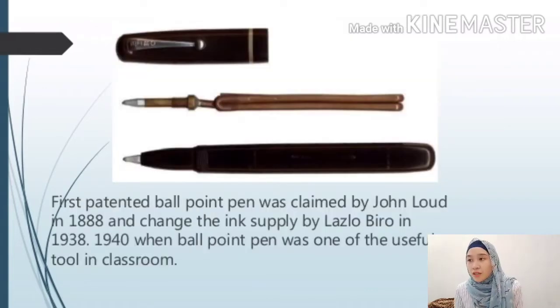And then, the first patented ballpoint pen was claimed by John Loud in 1888 and the ink supply was changed by Laszlo Biro in 1938. In 1940, the ballpoint pen became one of the useful tools in the classroom.